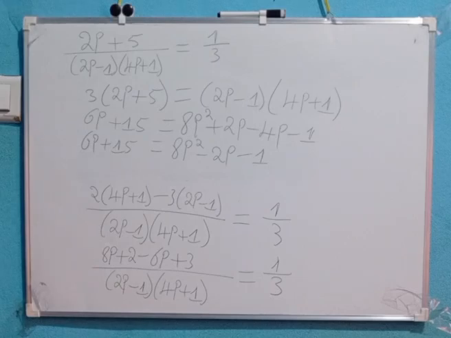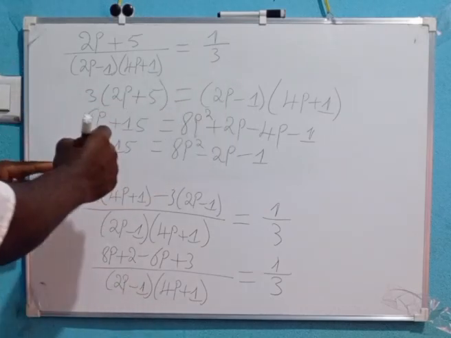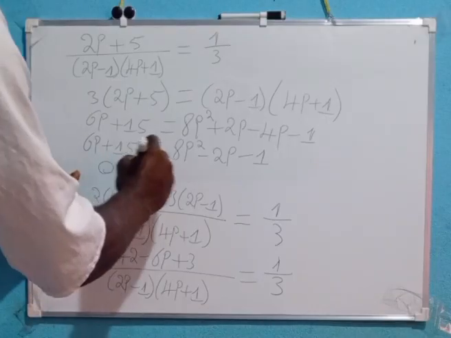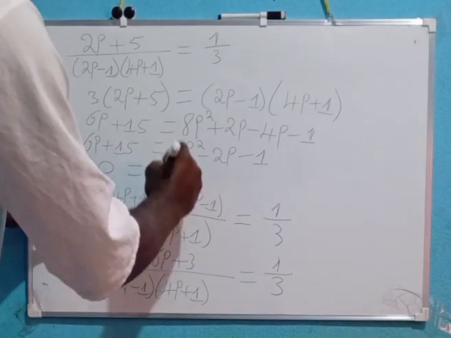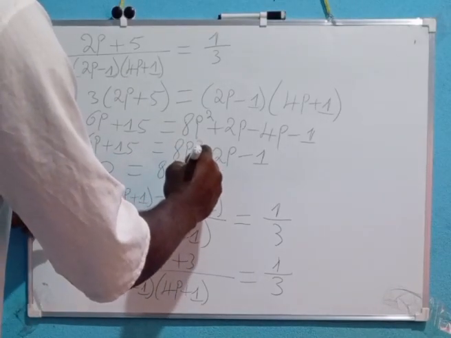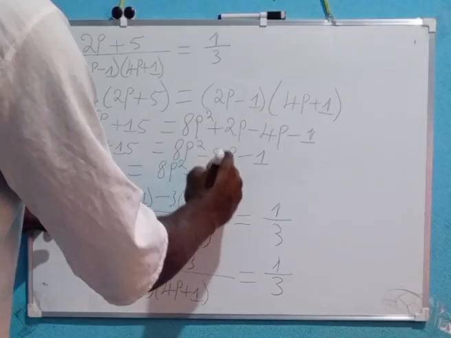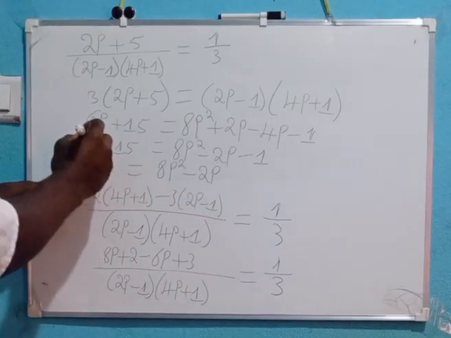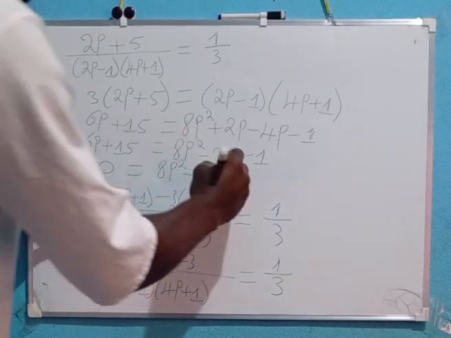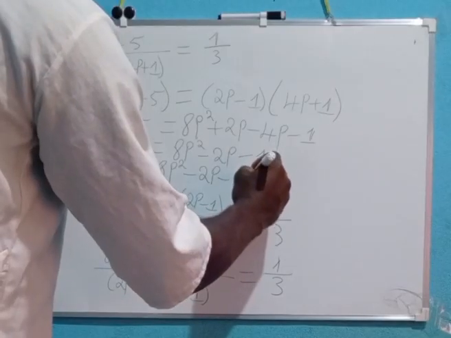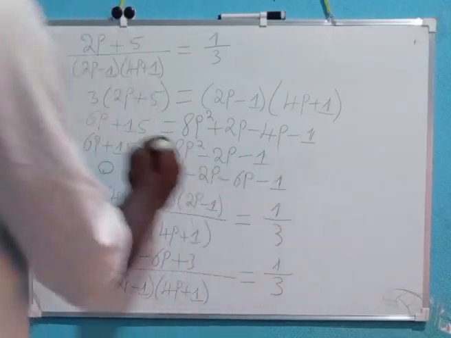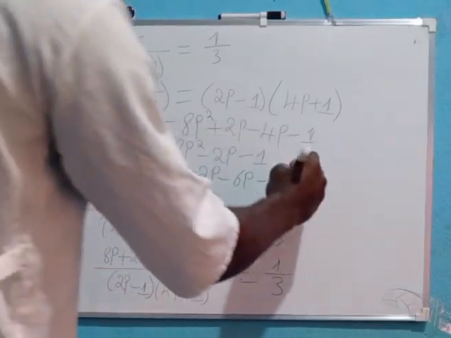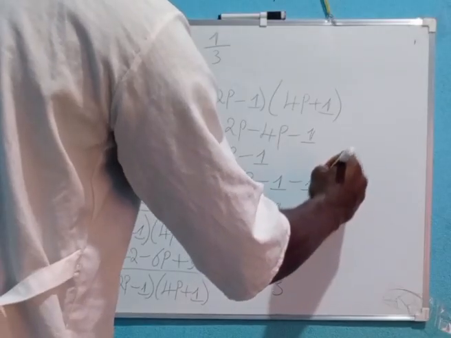Next step, we are going to transfer all what we have at the left hand side to the right. We'll be left with 0 equal to 8p squared minus 2p. When 6p crosses to the right, it becomes negative 6p, minus 1. When 15 crosses to the right, it becomes negative 15.